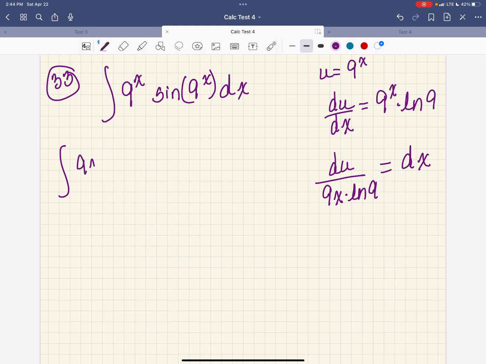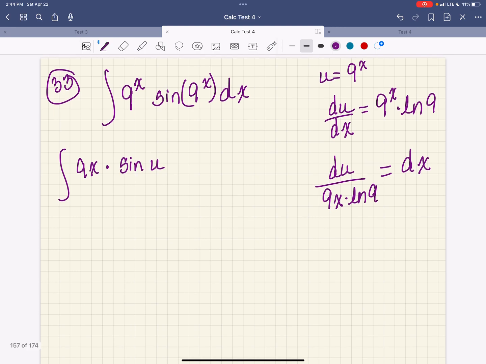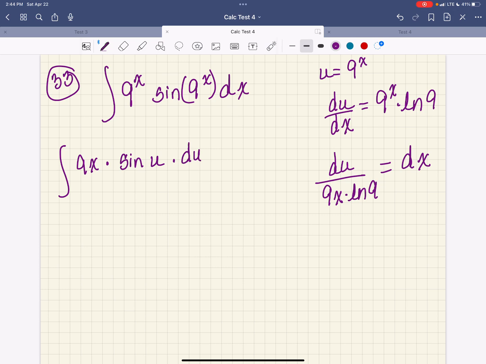I've got 9^x times sine of u, and then I'm plugging in du over 9^x times the natural log of 9. Then it's 9 to the x power. I did not write that correctly. It's 9 to the x power. I did that incorrectly when I was looking over these as well.